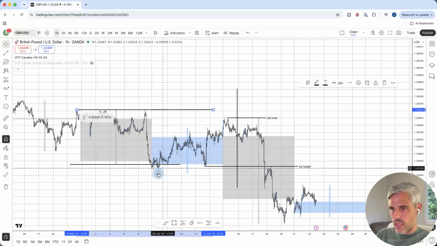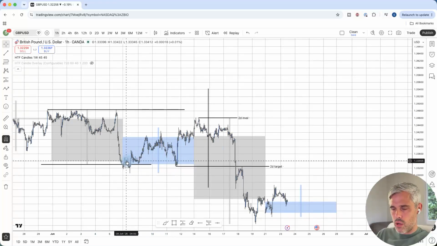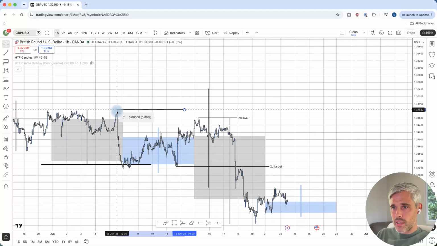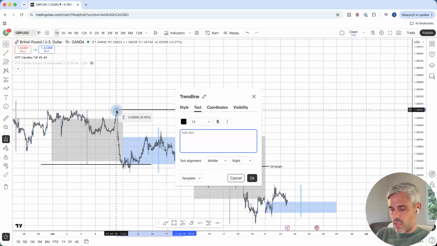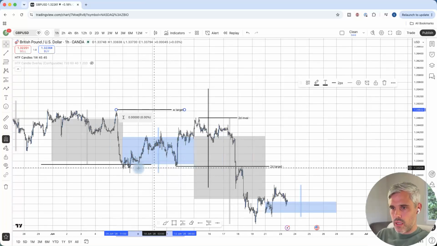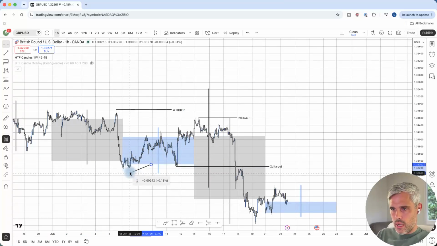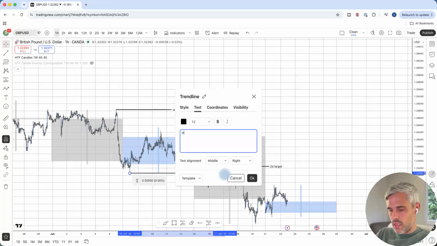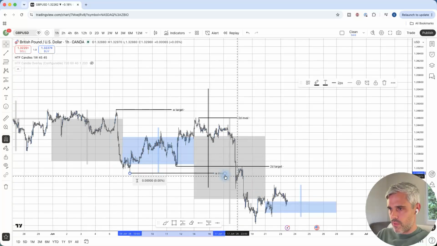This is the high, and this is the low. Price runs the low of the range and closes inside the range. So using the exact same logic, we now have a weekly target. This is the manipulation level, and this becomes our weekly invalidation level.